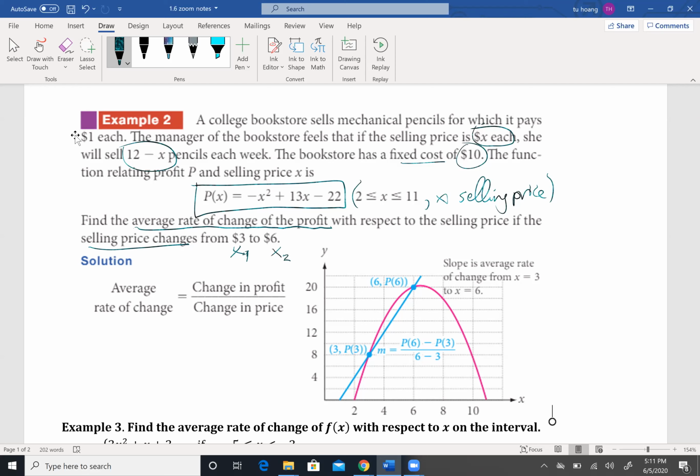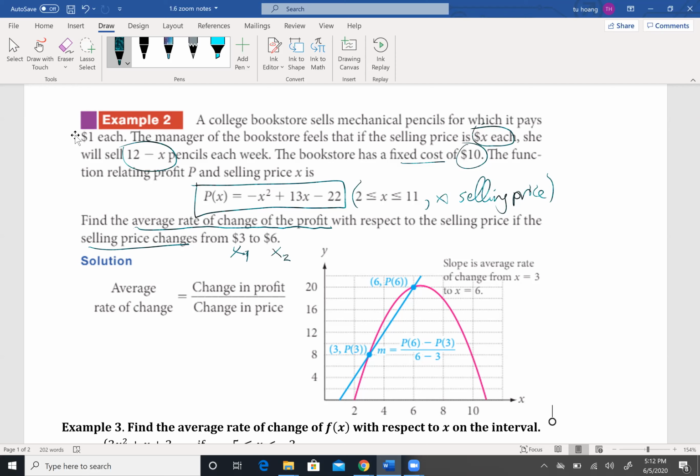As you see in the figure down here, I have the graph of the profit with respect to the selling price x. So the average rate of change is equal to the change in profit over the change in the price.